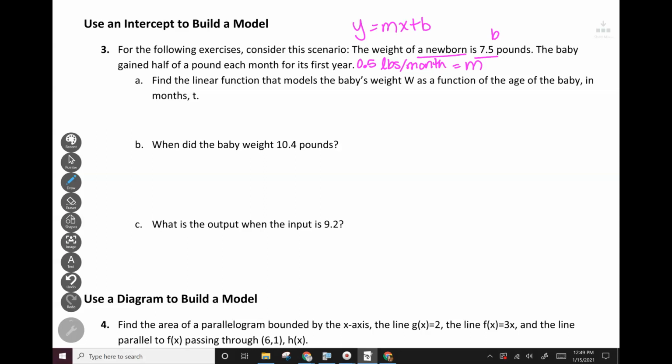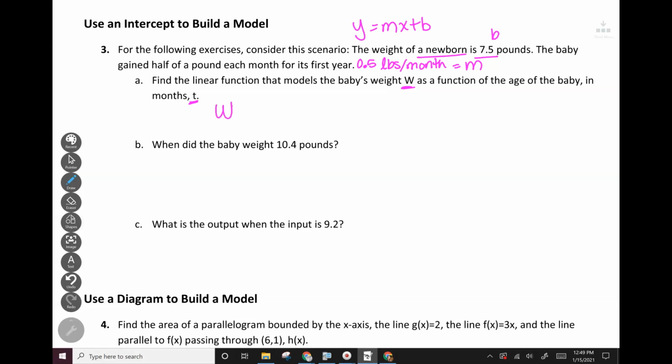Find the linear function that models the baby's weight, w, as a function of the age of the baby in months, t. So they specified what variables they want us to use. W is weight, and then your months is going to be t, as in time. t is very commonly used as a variable when you're talking about time.